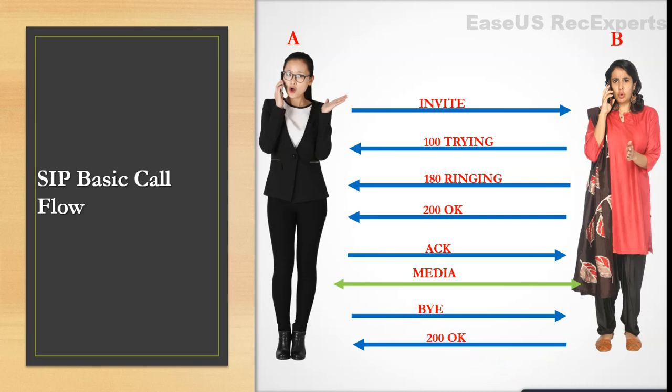So this is the basic SIP call flow, a very normal one. Now there are a lot of things that I will try to make you understand, guys, in the next videos, where the important part is how the media parameters get exchanged between both the parties.